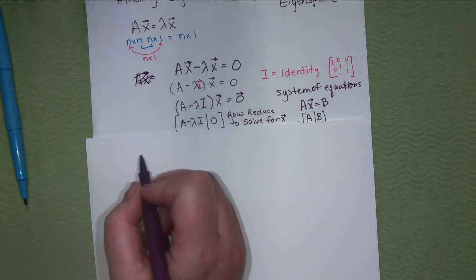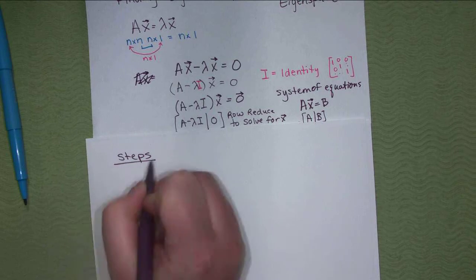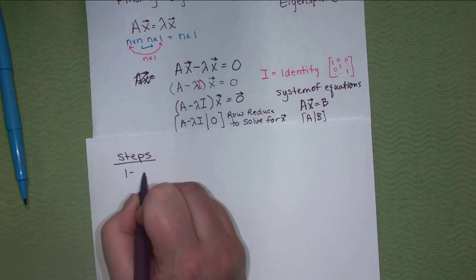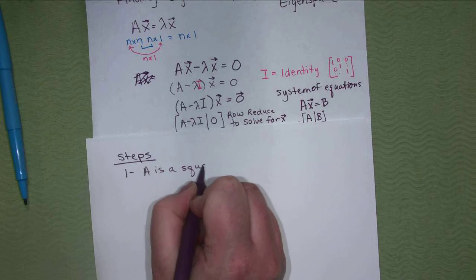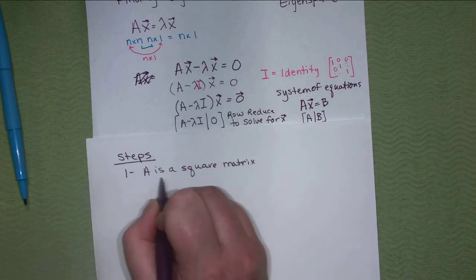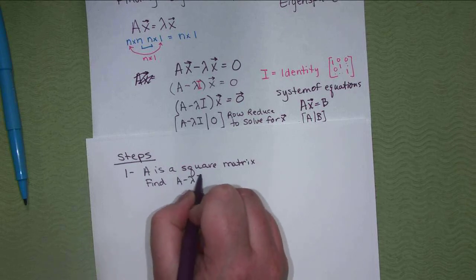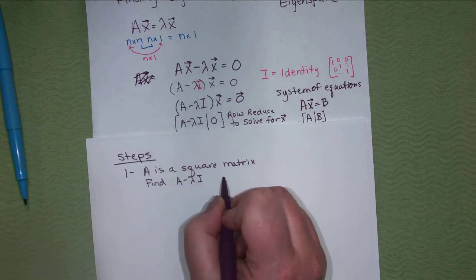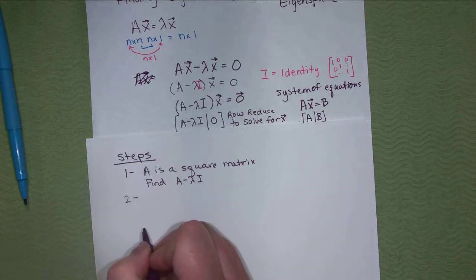So, steps. 1, A is a square matrix. Find A minus lambda I. Two, we'll write the steps and then we'll follow them after.